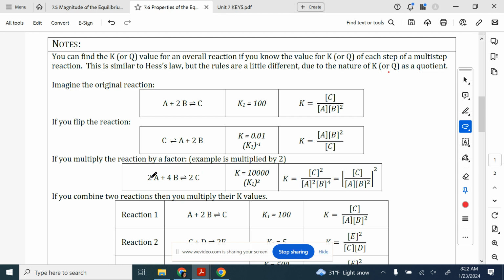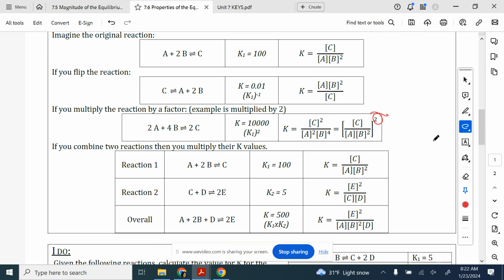If you have to do that, then whatever factor you're multiplying it by, you're going to raise that K value to that exponent. Okay. If you have to combine reactions to get the overall K, you multiply their K values.